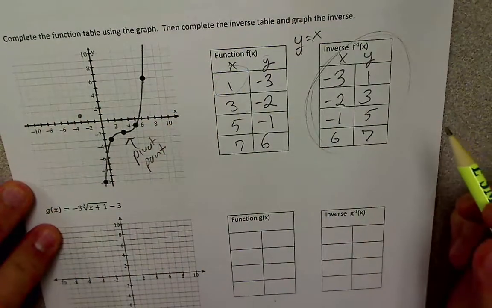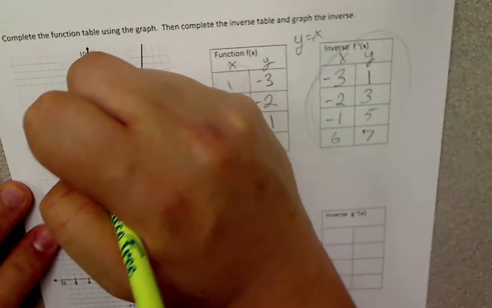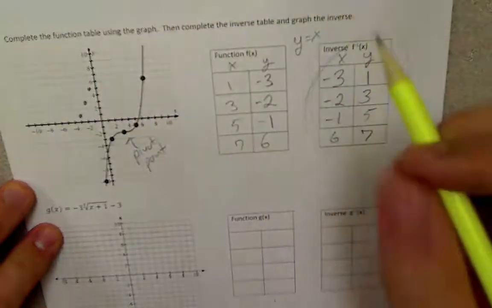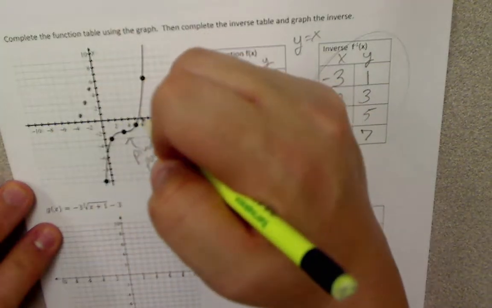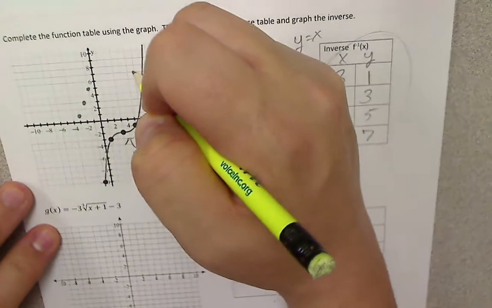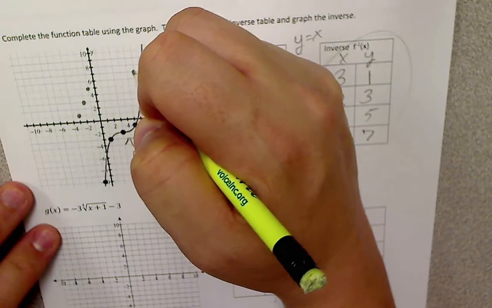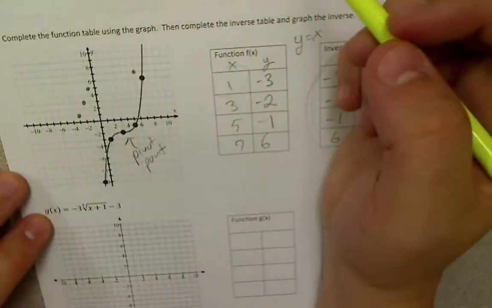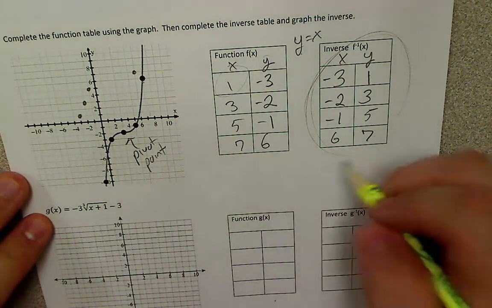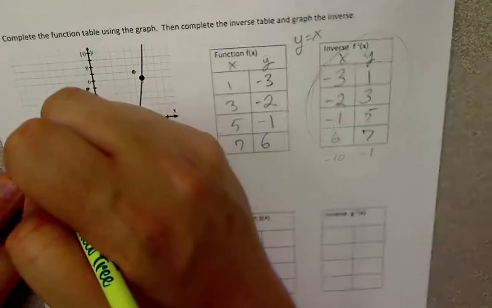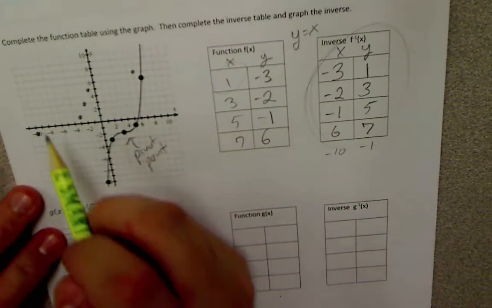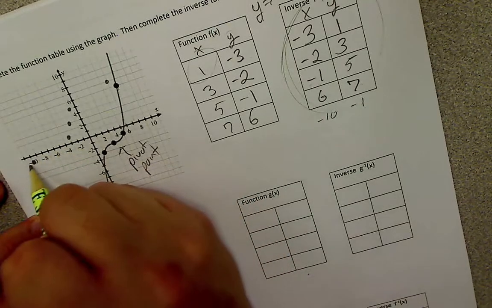There's 1, 2, 3, 4, like that. And then the other one that I'm going to do is this one right here, which was negative 1, negative 10. So negative 10, negative 1 right here, kind of like this. And it's going to give me a graph that looks something like this.